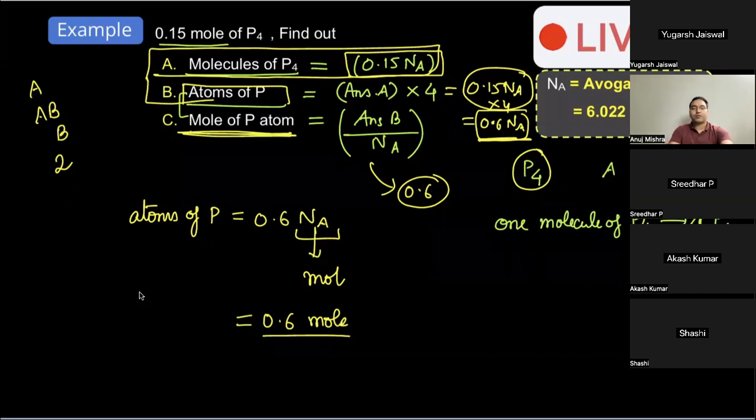Yes, Yugesh, you can ask. Sir, what is the relation between mole and molecule? See, mole is basically a collection of things. Mole can be of atom, of molecule, of ion, of electron, of proton, of neutrons, of anything.